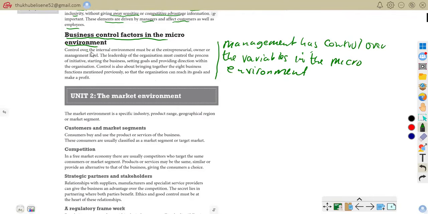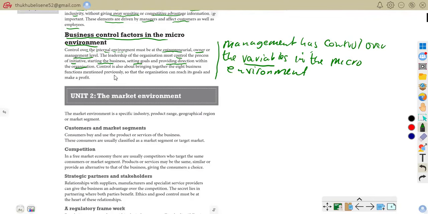Control over the internal environment must be at entrepreneur, owner, or management level. So they're the ones with control over the variables in the microenvironment. The leadership of the organization must control the process of initiative, starting the business, setting the goals, and providing the direction within the organization.